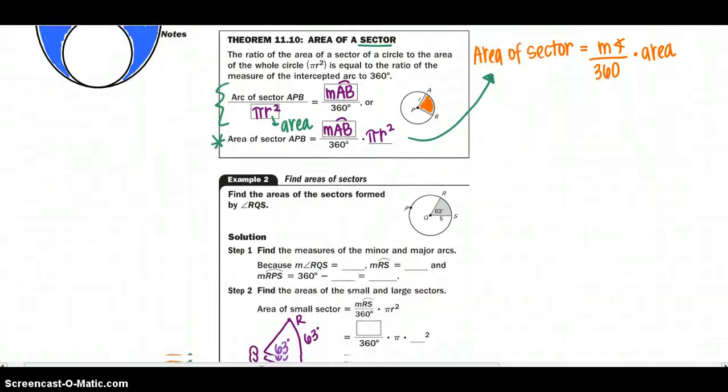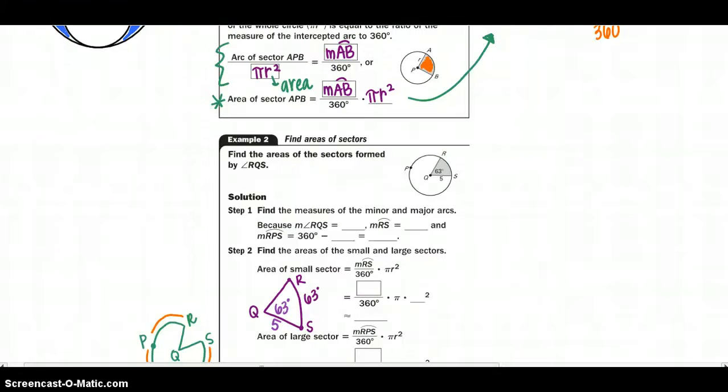Moving down to our first example, we want to find the areas of the sectors formed by our angle. So again, there are 2 sectors. There is our small one, and then there is also our large sector that goes the other way around the circle. So I first need to find out each arc measure.